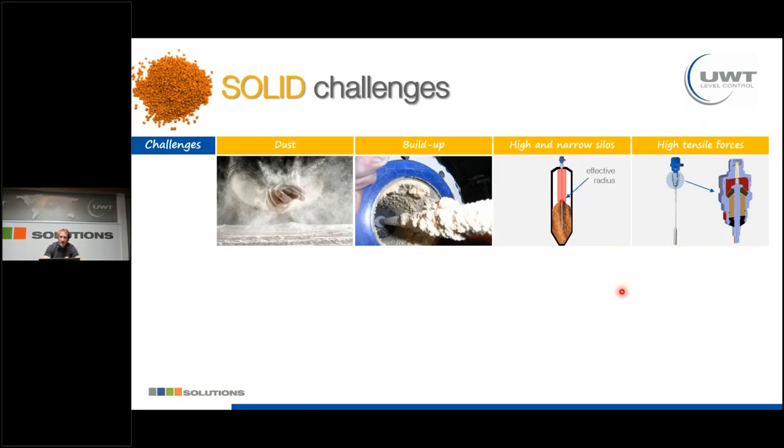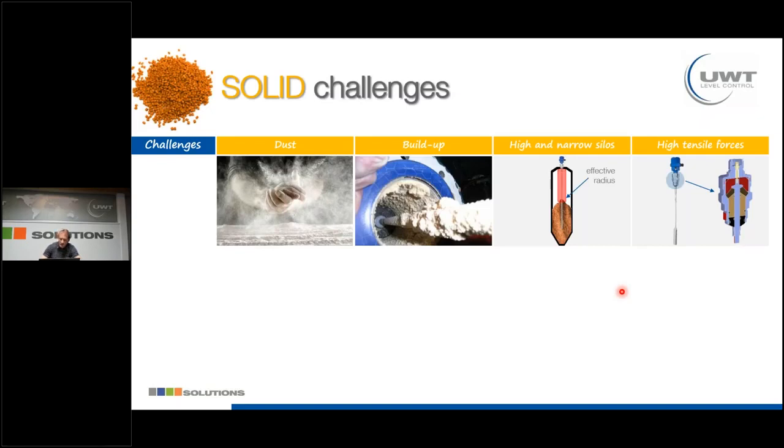Then we can have some materials that are quite sticky because of environmental changes, and the material might build up around the probe. Narrow or high silos, and also in solid applications with heavy materials, we get a high tensile force onto the probe and then also onto the coupling.